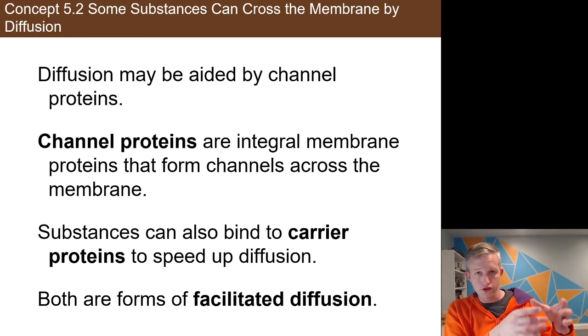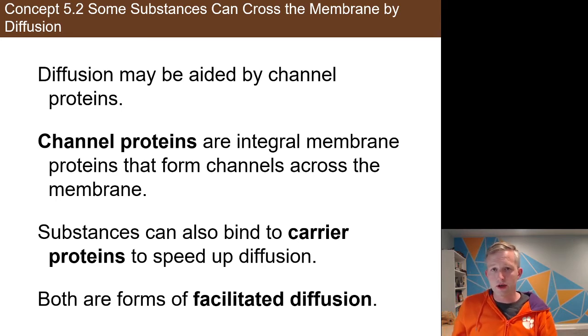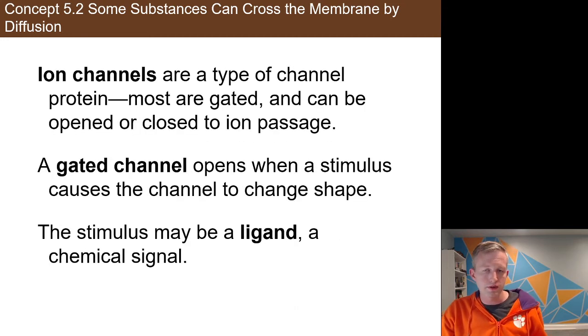Some are just more straight paths that molecules can get through, and others require a conformational change. In both cases, we call this facilitated diffusion, and like the name implies, to facilitate something is to help, so it's proteins helping the process of diffusion. It's still movement from high to low concentration.